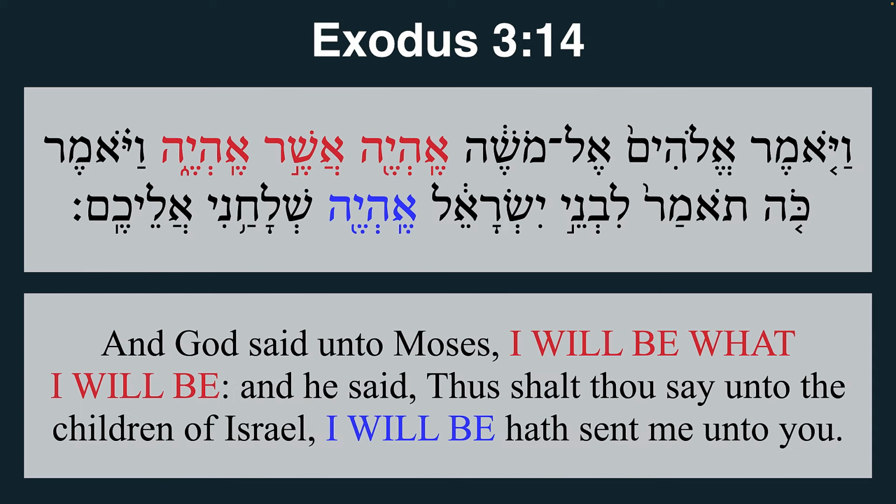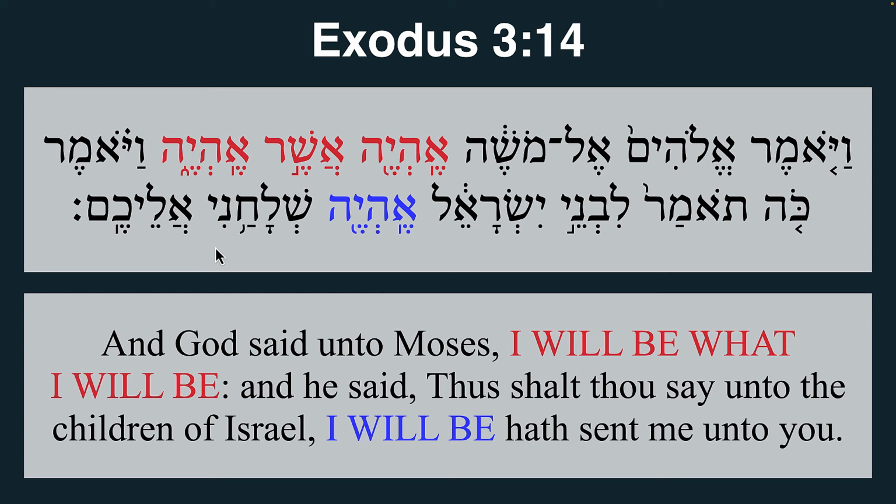In the name of the Lord itself in Exodus, when he actually revealed this name, Moses asked the Lord, if I go to Egypt and tell these people that the Lord God of your fathers has appeared and he has sent me, they will say, what is his name? What should I say? The Lord said, Vayomer Elohim el Moshe ehye asher ehye. This phrase, he said, I will be what I will be.